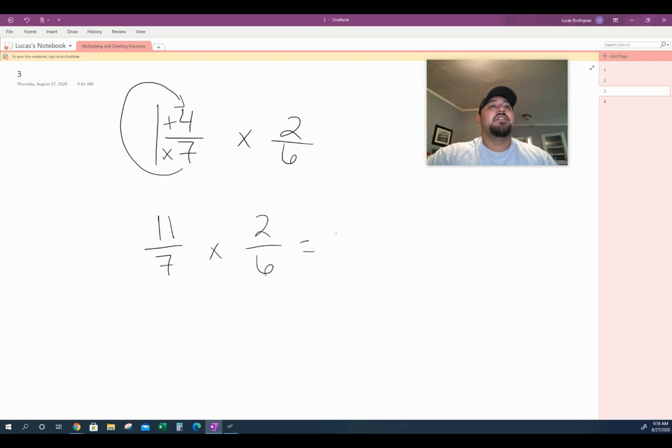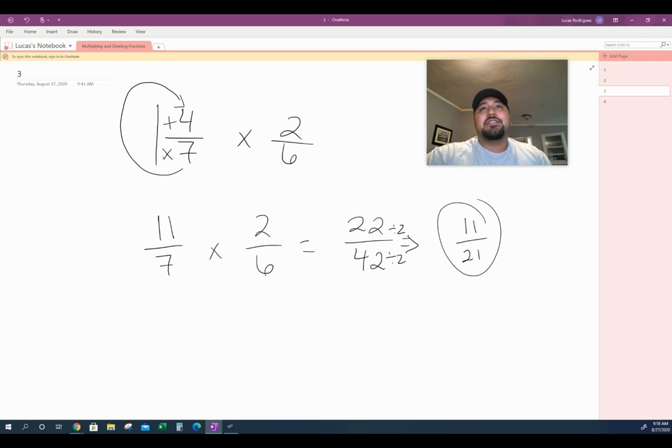So this is going to be 22 over 42. Now I can divide this by 2. I know that for sure. So that's going to be 11 over 21. And I think that's as far as it can go because 11, I think, is a prime number. So that would be it.